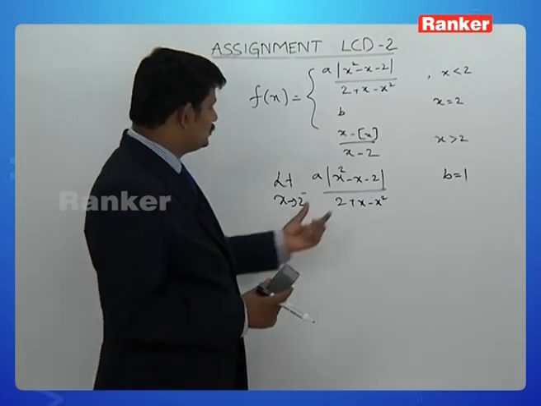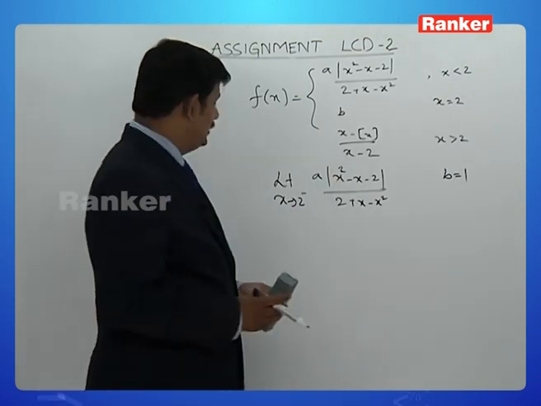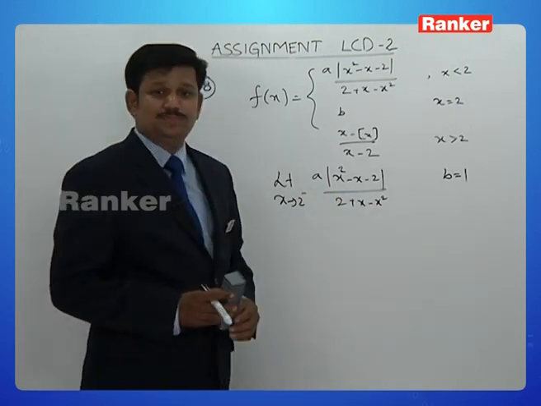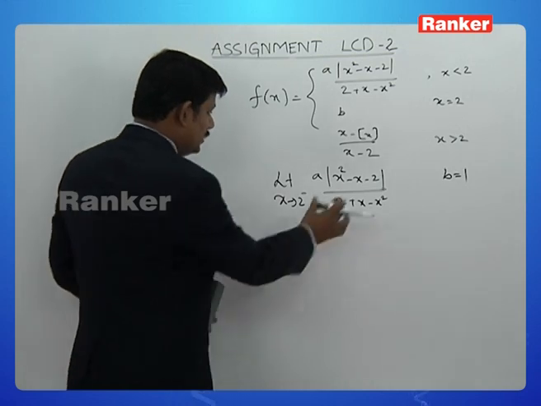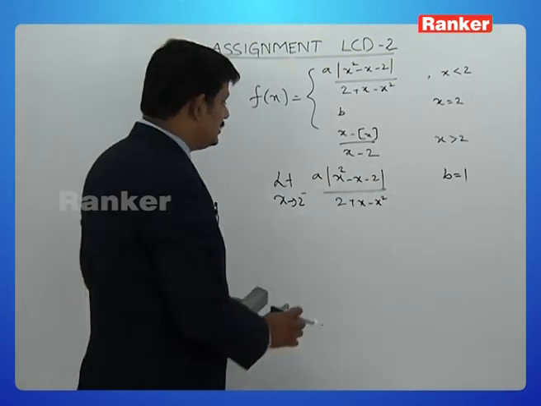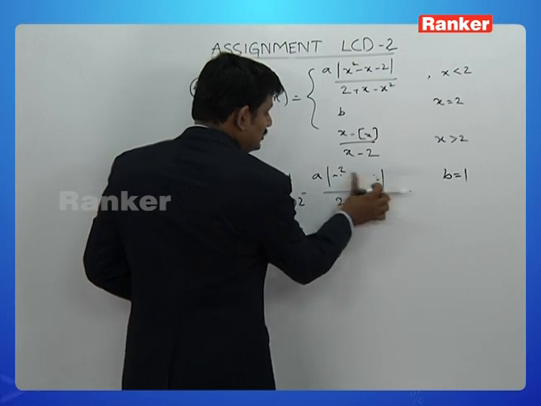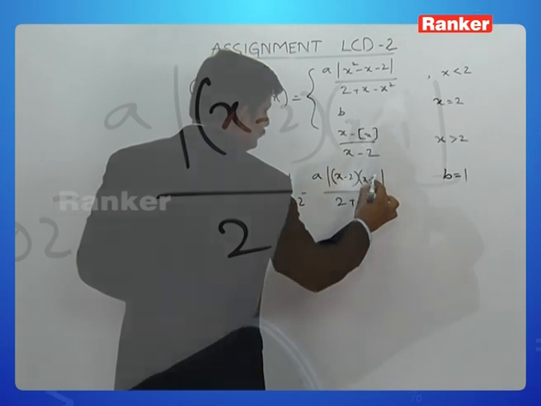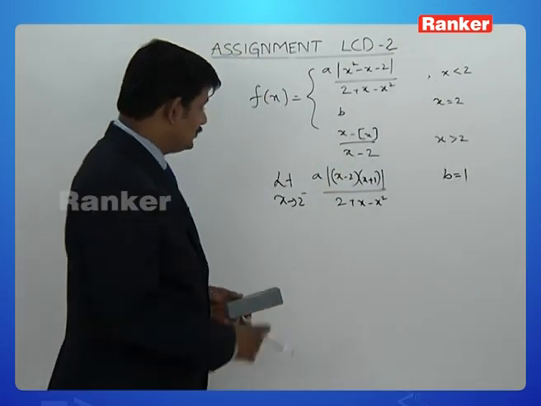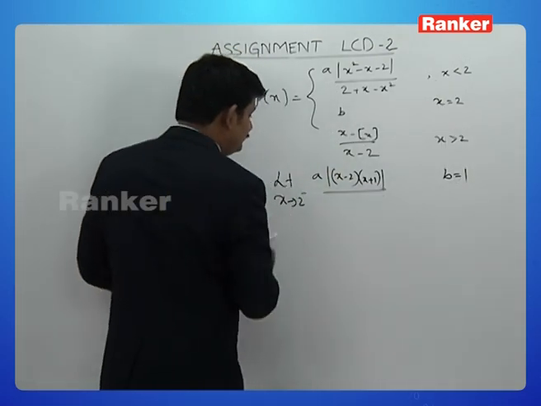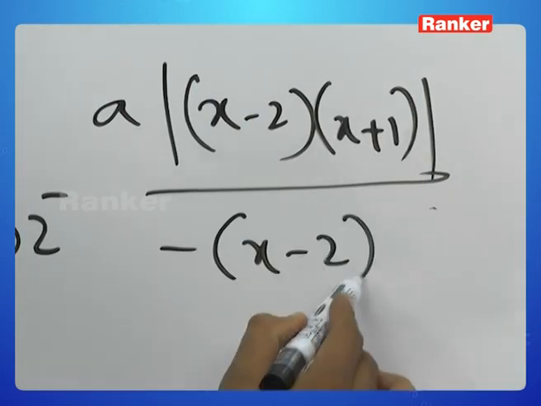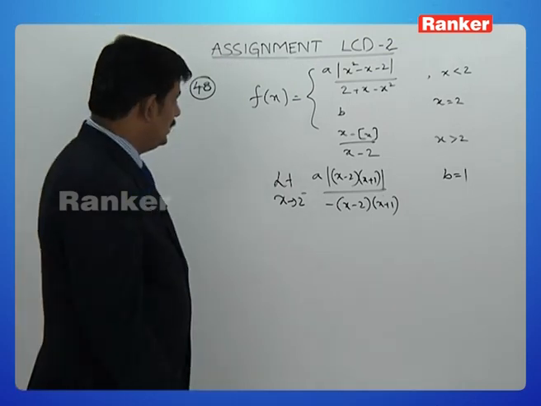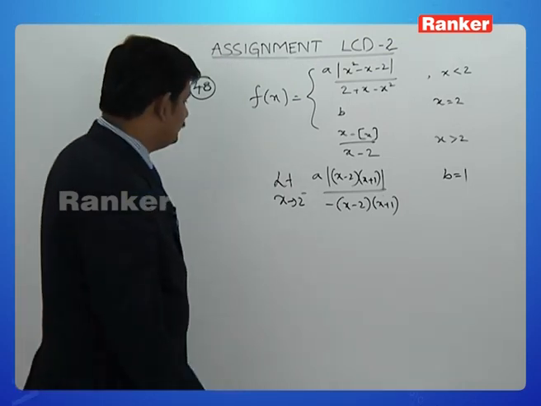In order to remove this modulus, we need to know whether x square minus x minus 2 is positive or negative. So let us factorize: x square minus x minus 2 is (x minus 2) into (x plus 1). The denominator is minus of (x minus 2) into (x plus 1).